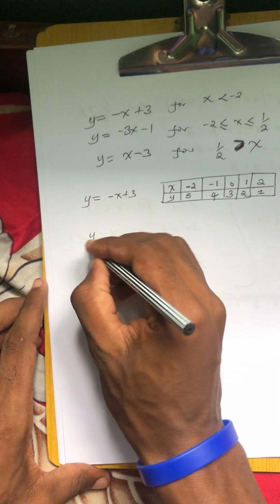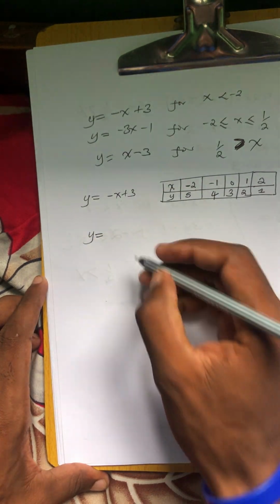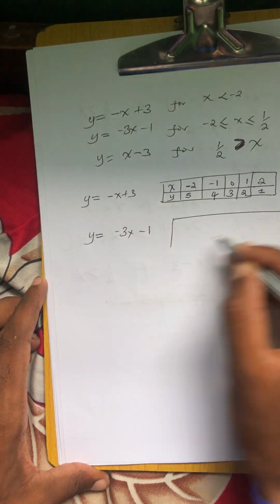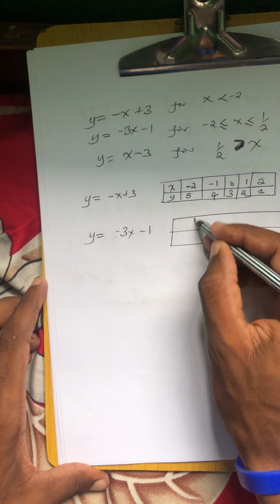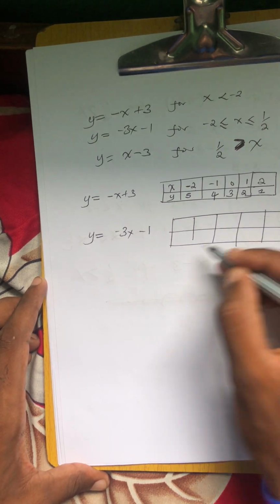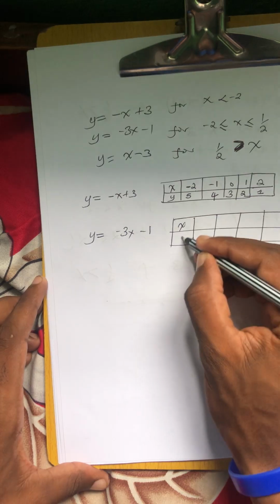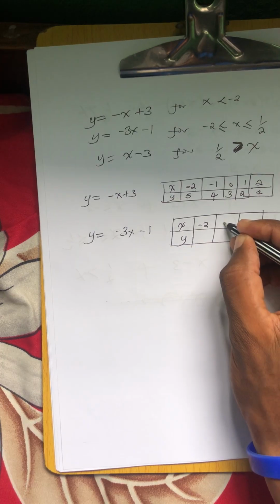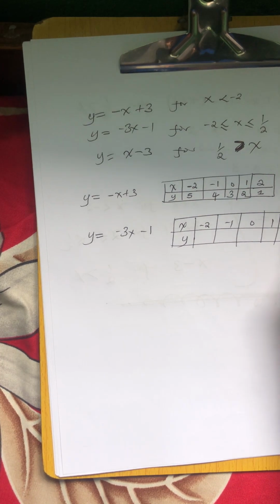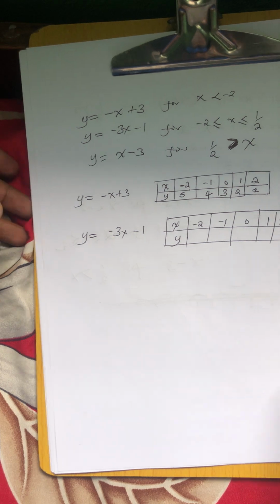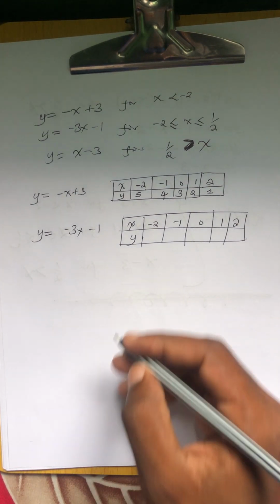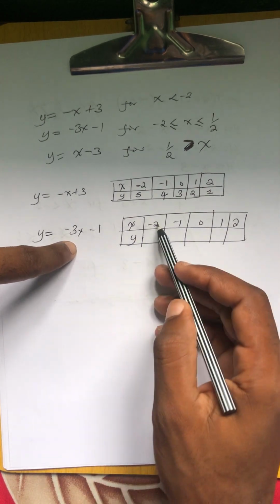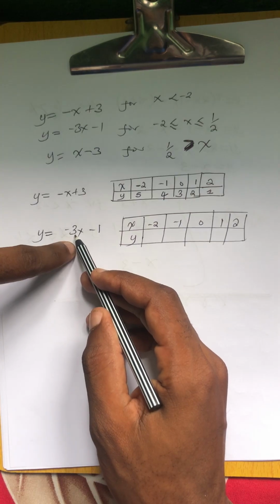Okay. Then for this one, we say y is equal to minus 3x minus 1. We also make its table of values. So x, then y. Let x be minus 2, minus 1, 0, 1, and 2. You can even continue, but let's just end at 2. All right. So if you plug in minus 2 there, then negative 2 multiplied by negative 3, we have positive 6.